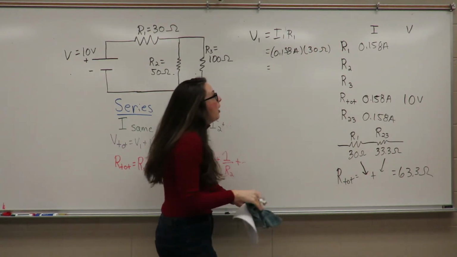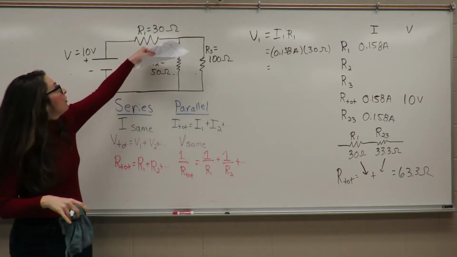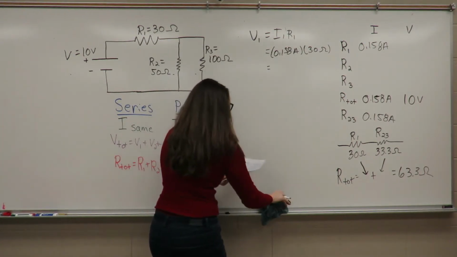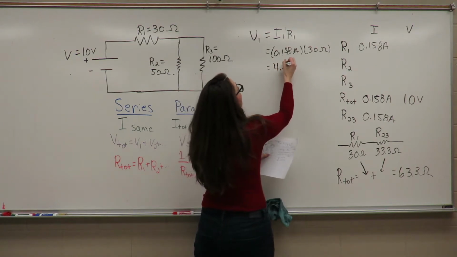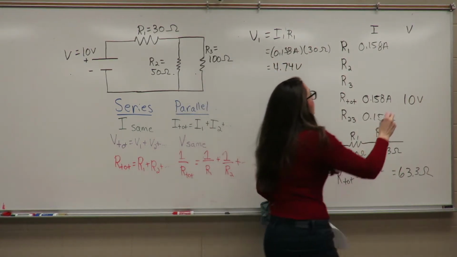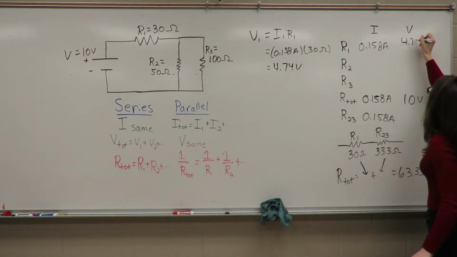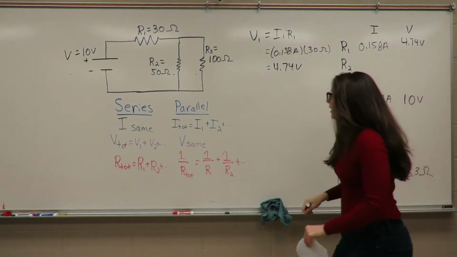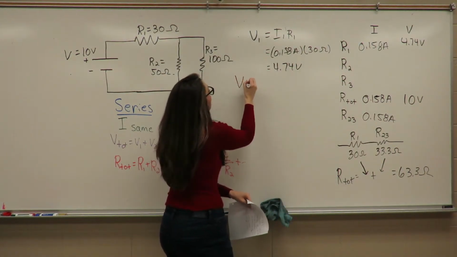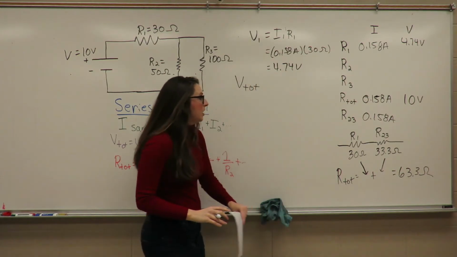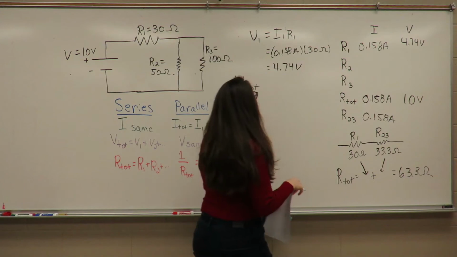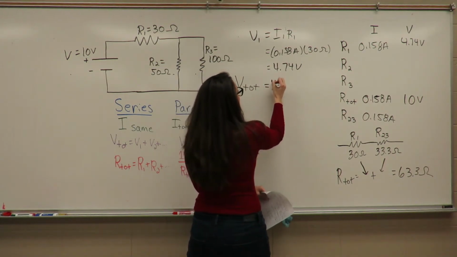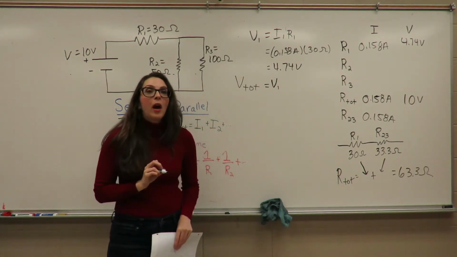So the voltage drop across my first resistor here is equal to 4.74 volts.